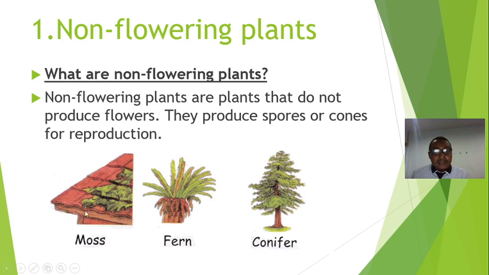Number two, fern. Number three, conifer. One more time, moss, fern, conifer. All these plants do not produce flowers. Instead, they produce spores or cones for reproduction.